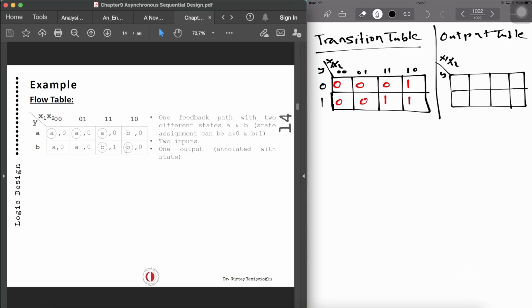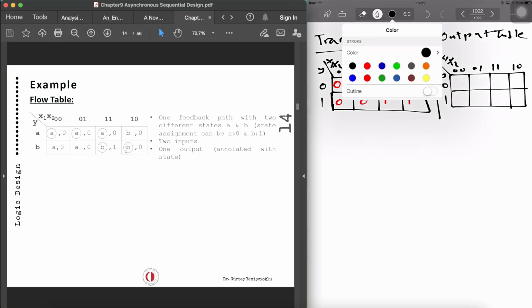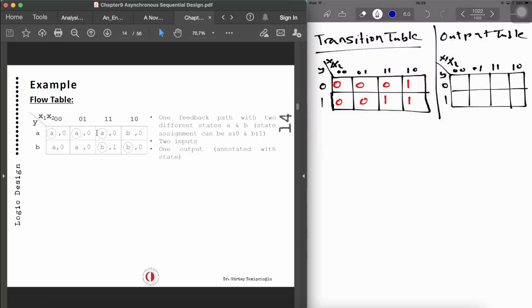X1, X2, and Y. So 0 and 1, 0, 0, 0, 1, 1, 1, and 1, 0. So in the output table, we just need to put down whatever we have got as an output, 0, 0, 0 for the first row, and 0, 0, 1, 0 for the second row. And that's our outputs.